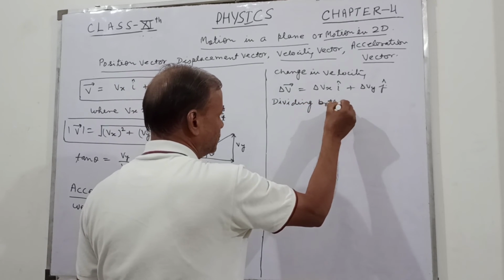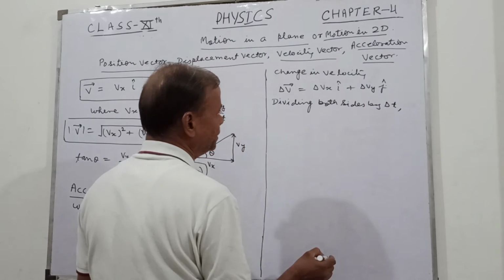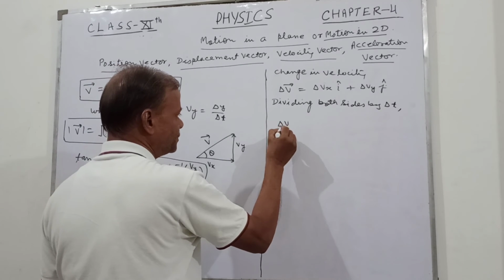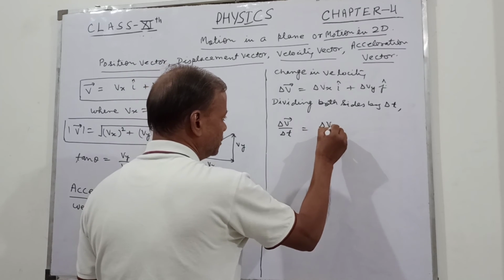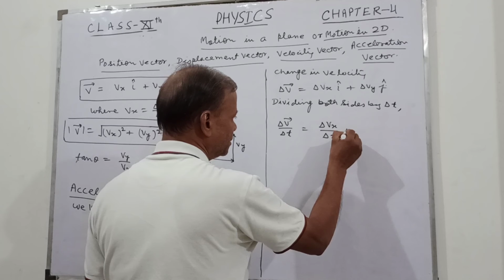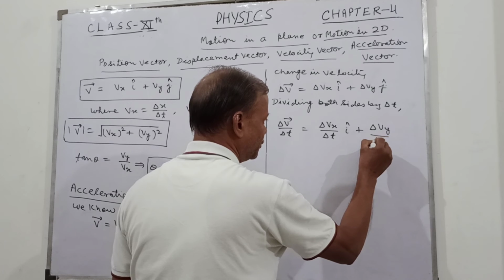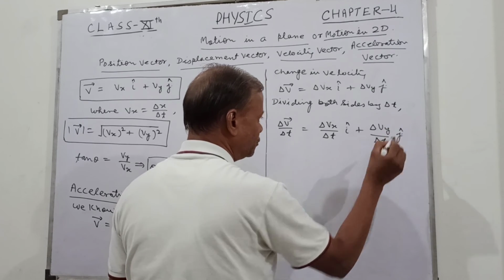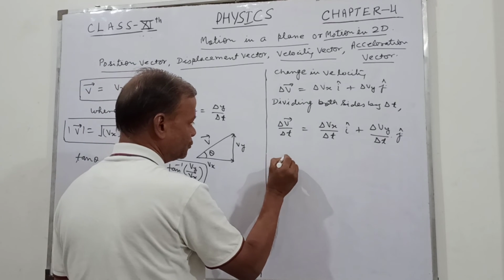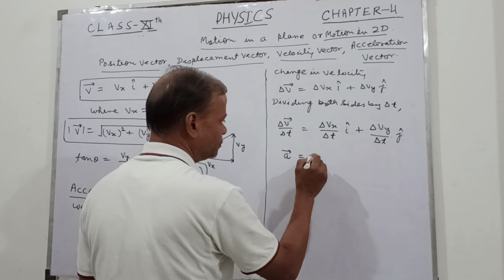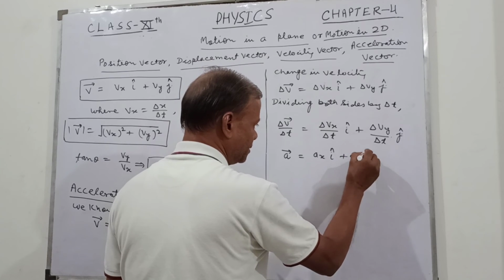Dividing both sides by delta t, the time interval, we have delta v upon delta t is equal to delta vx upon delta t into i plus delta vy upon delta t into j. So this is now acceleration. So acceleration A is equal to ax i plus ay j.